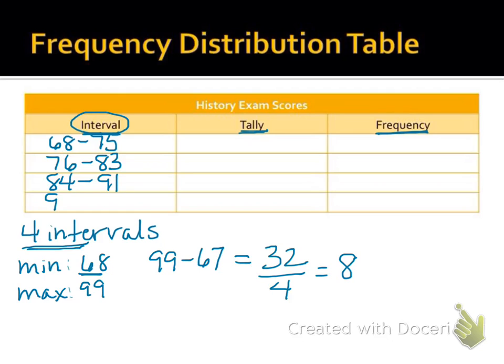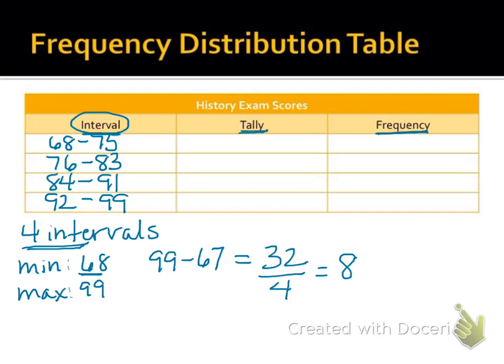And then finally 92 would start my last interval, and we'd go 92, 93, 94, 95, 96, 97, 98, 99. And now I have 4 intervals that will encompass all of the different scores that were earned on this history exam.